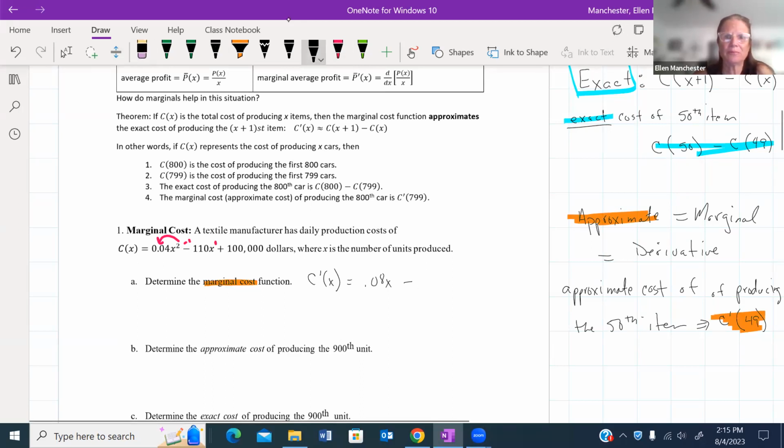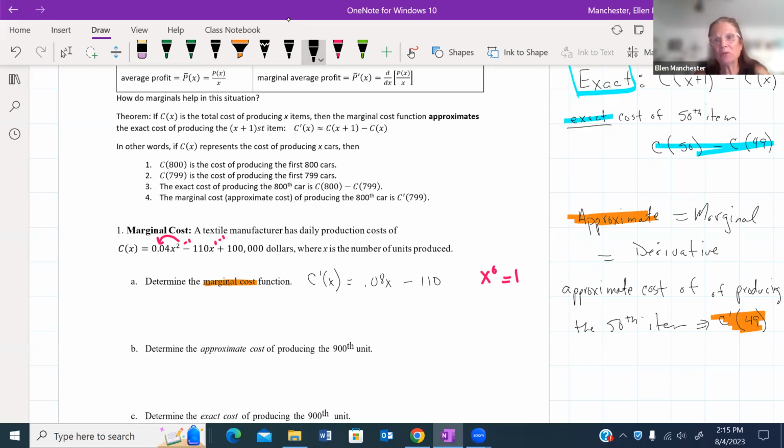So 110, and then when you subtract 1, that goes to x to the 0 power. X to the 0 power equals 1. That's why when it's just an x, it drops off.